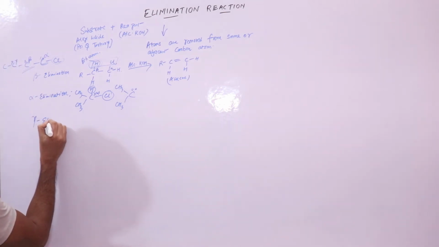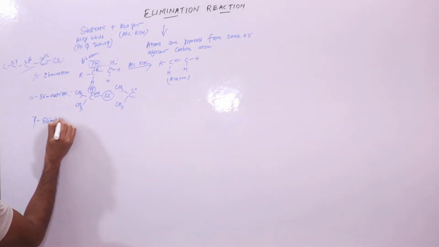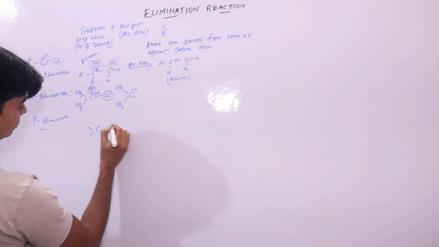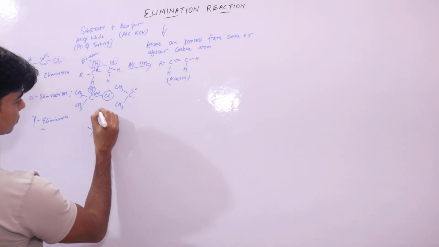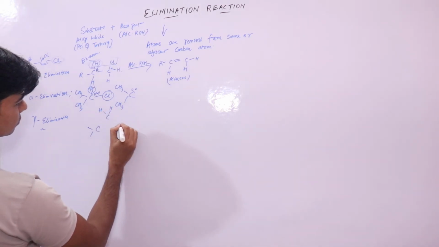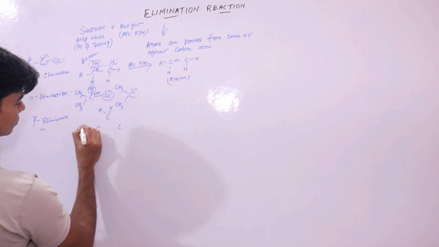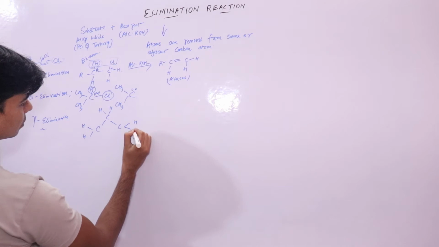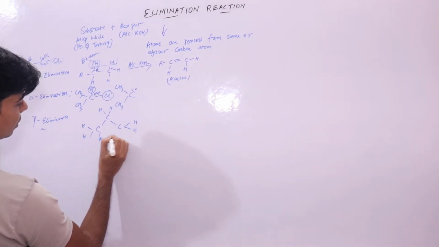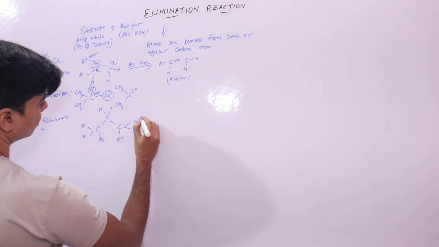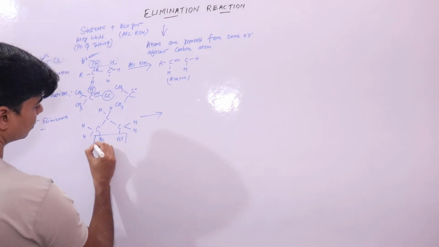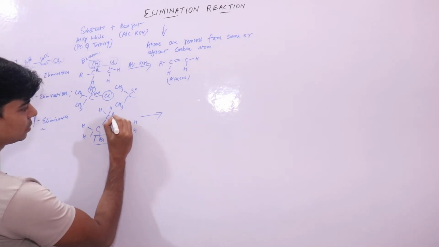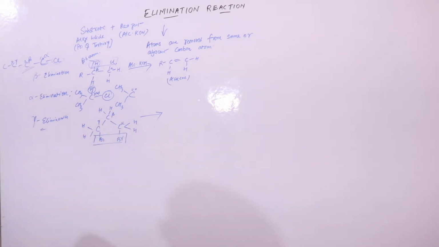The other is gamma elimination. In the case of gamma elimination, let's take an example. Here you have Br, here you have Br. This is your alpha carbon, this is your beta carbon, this is your gamma carbon.